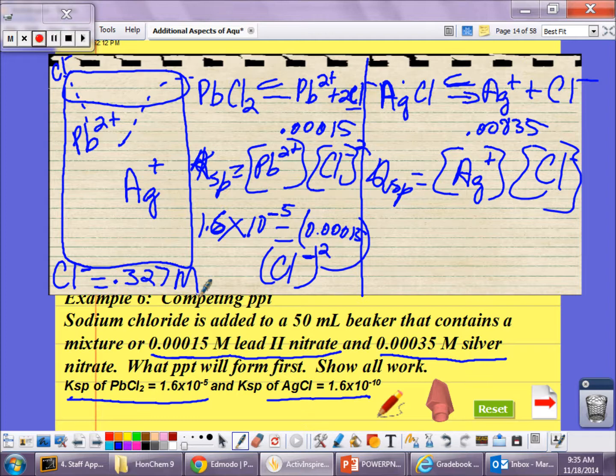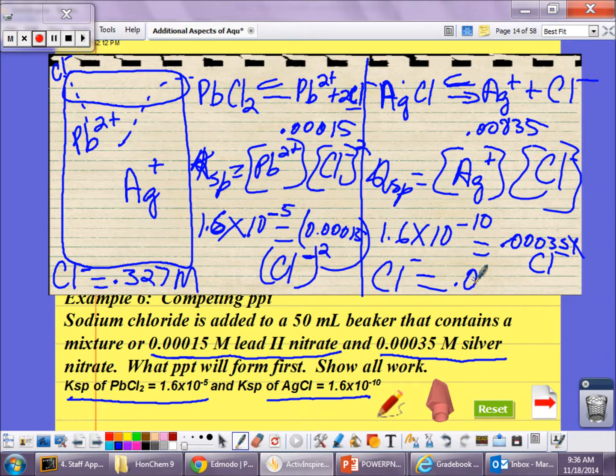The KSP for the silver chloride is 1.6 times 10 to the negative 10 equal the concentration of my silver, which is 0.0035 times my chloride ion. So therefore, chloride ion equal, what is the chloride ion? 0.0457 molar.